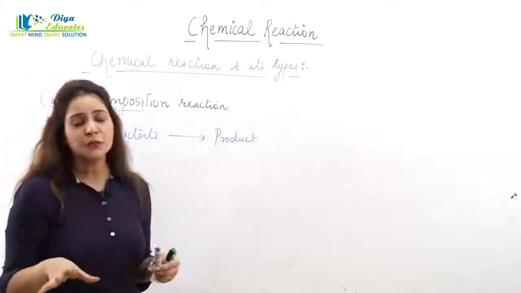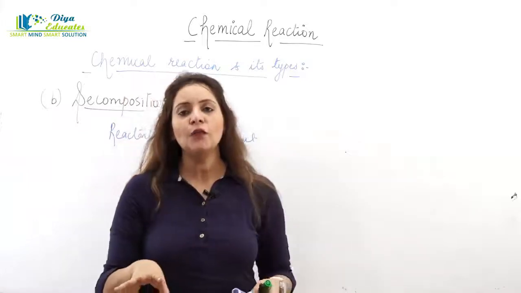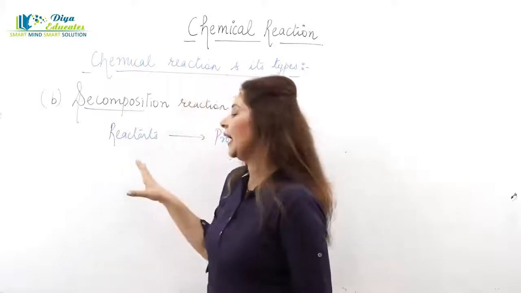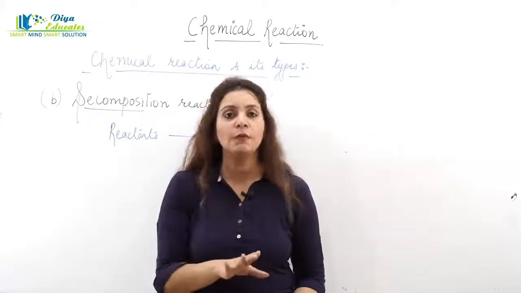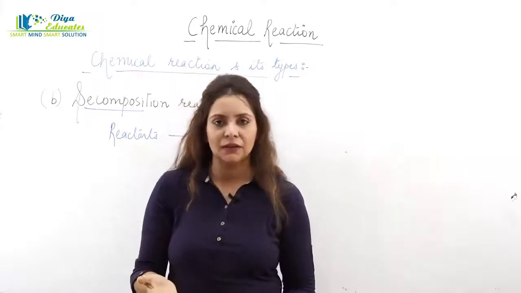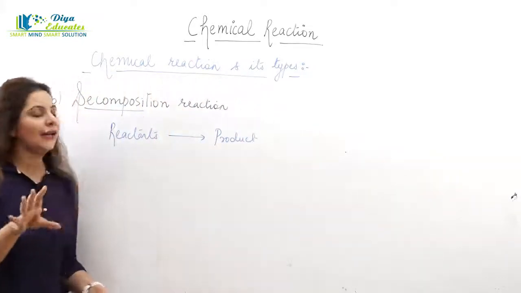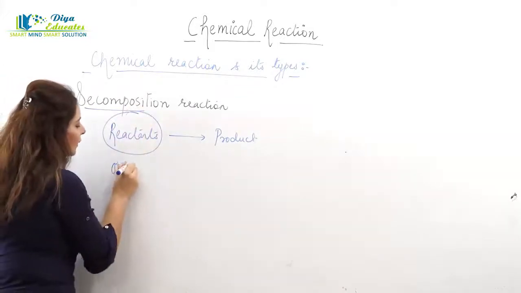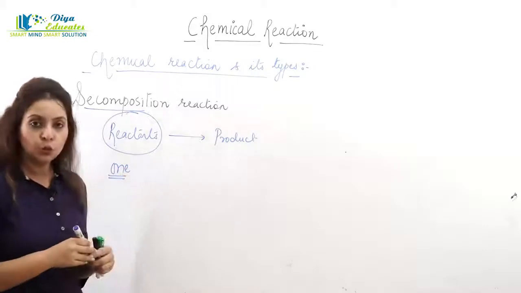Now the question must be striking in your mind that till now we have done that reactants combine and form product, and here I am saying that reactants break to form product, right? So the question is how they break. In this reaction the reactant involved is always one.